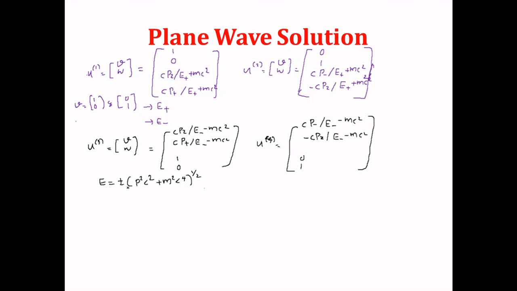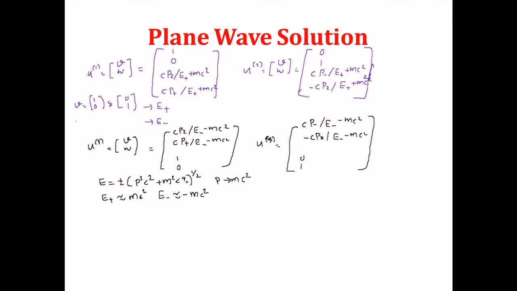Here the value of E is plus or minus (P square C square plus m square C raised to 4) to the power 1 by 2. In the non-relativistic limit, this momentum value will be small compared with mc square. So the E plus value will become approximately equal to mc square, and the E minus value will become approximately equal to minus mc square.